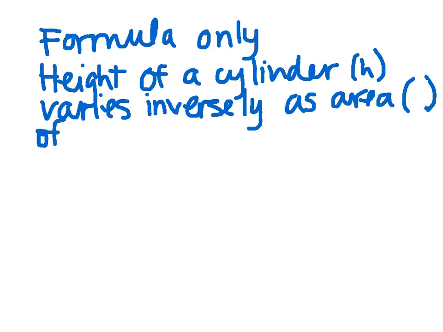Actually, they use a capital A, and that'll make it look less like the word, of the base. So, a cylinder 6 inches high has a base of 20 inches squared.